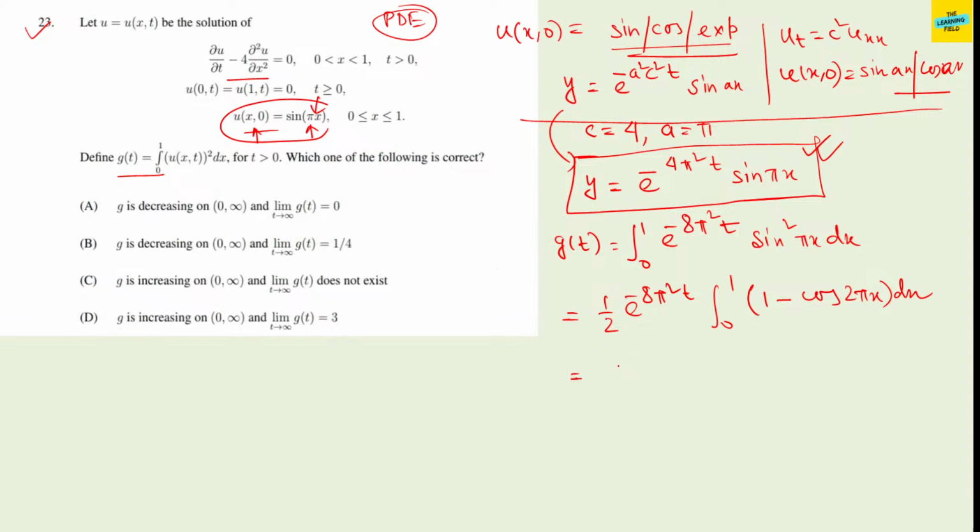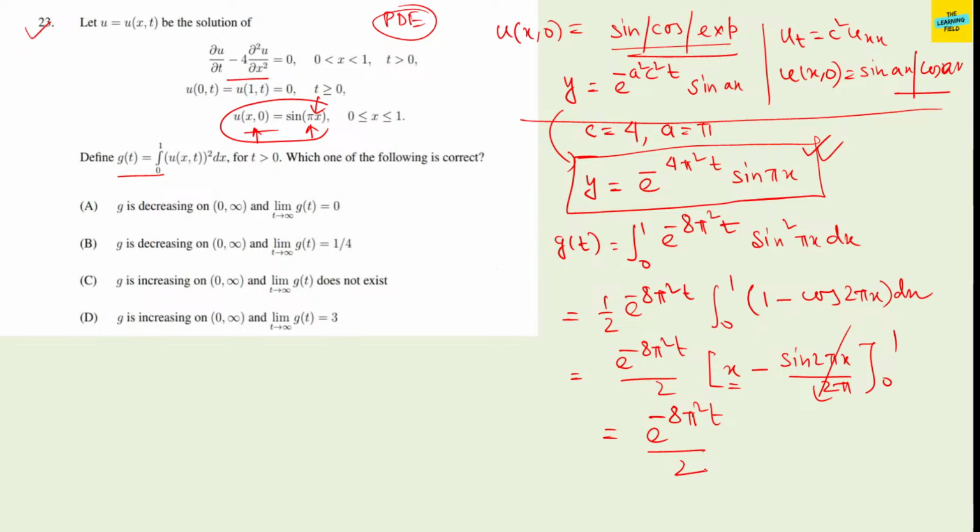This equals e to the power minus 32π² t upon 2 times x minus sin 2πx by 2π from 0 to 1. This term goes to 0 if you put either 0 or 1, and only 1 remains. So this is e to the power minus 32π² t by 2.